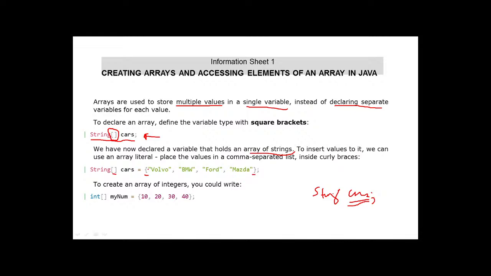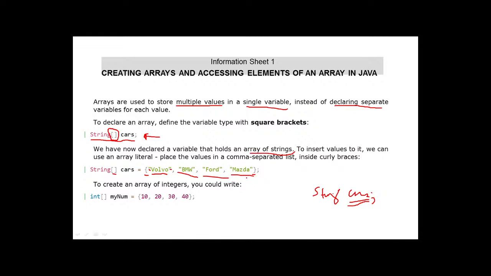So, meaning, ang value ni cars are Volvo, BMW, Ford, and Mazda. And all of them are with double quotes because cars is string. So, daghan siya og value. Pila ka value? Isa, duha, tulo, upat values. 4 values for cars. Okay?